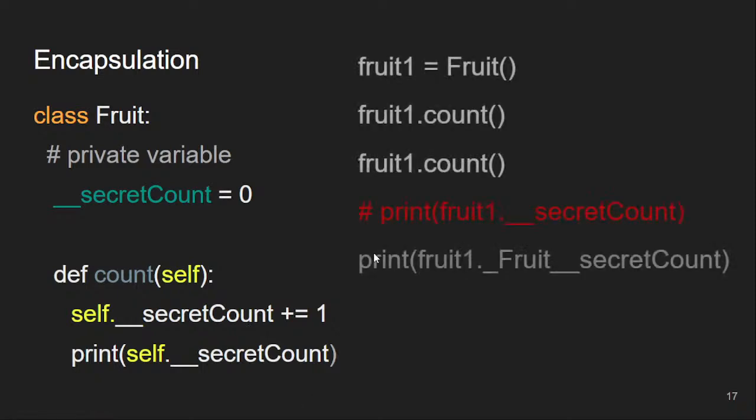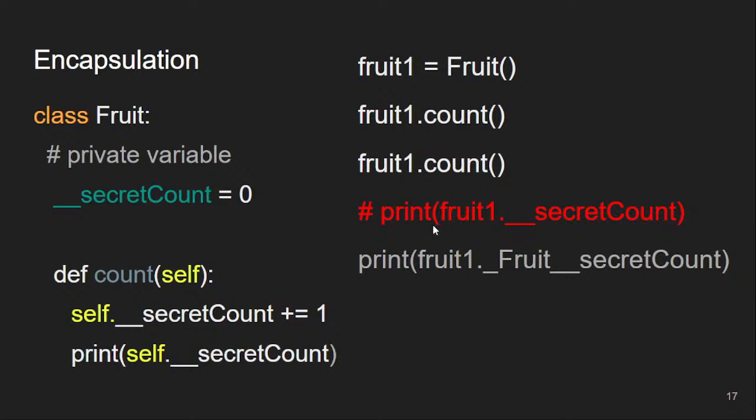If you create an object called fruit1 based on the fruit class, and then you call count, at this point your count is 1. If you call the count method again, at this point your count is 2. But you will notice something.